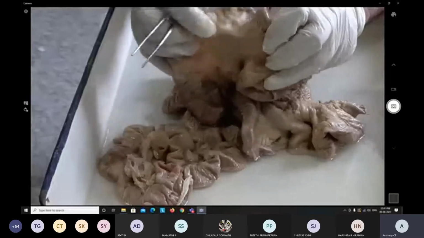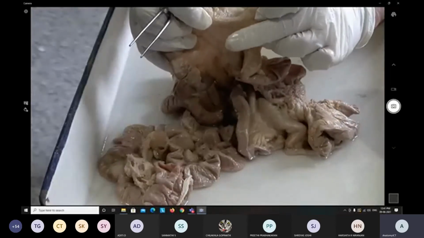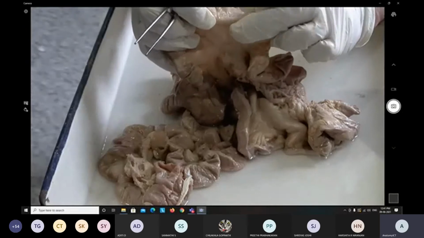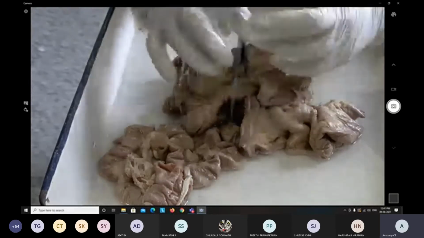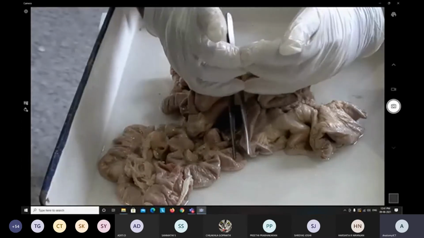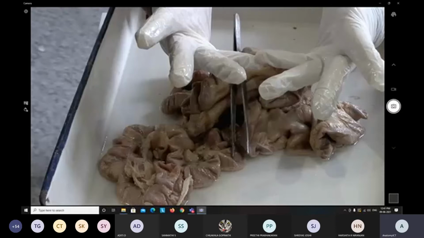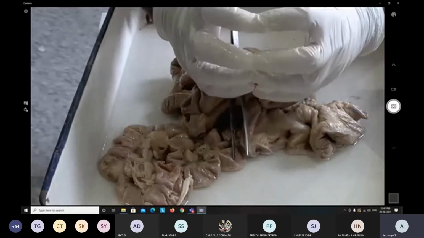See, this is what we call arcades, right? Arcades mean the blood vessels are anastomosing like this, and they give a branching pattern like this. They multiply, give branches, and form arcades like this.